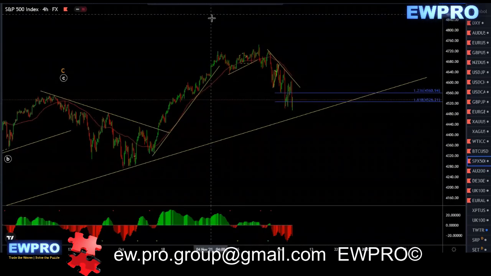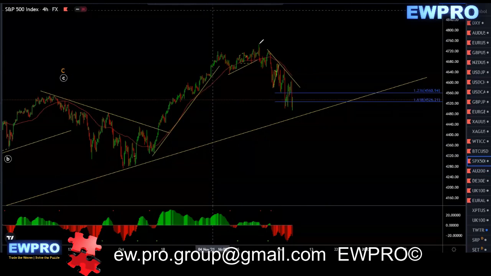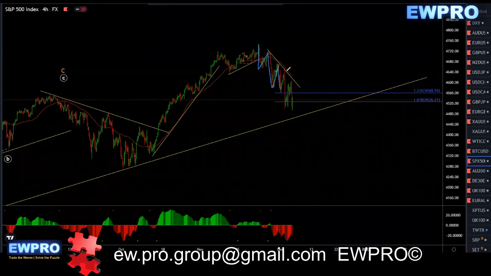This is very choppy on the way down, extremely difficult. It's not really impulsive. We don't have any bullish divergence, so while this trend line here holds, you can look for sells still.